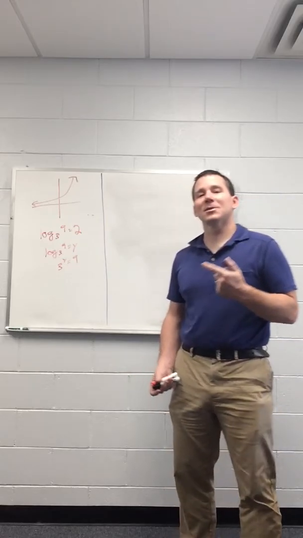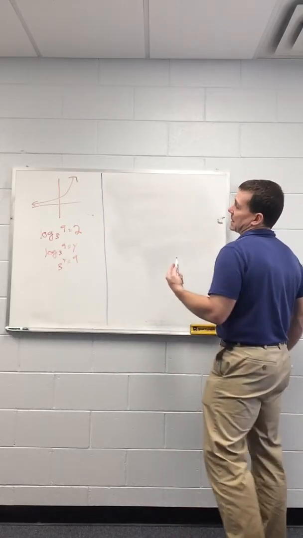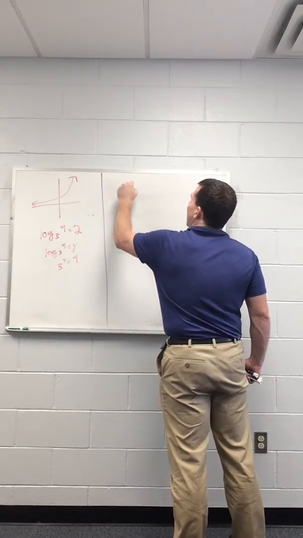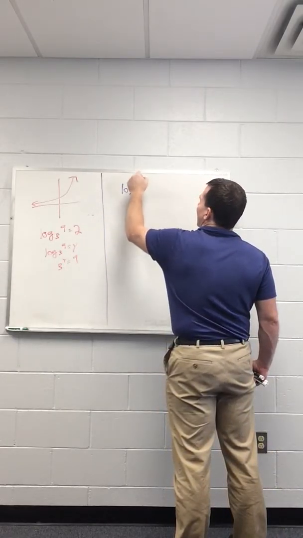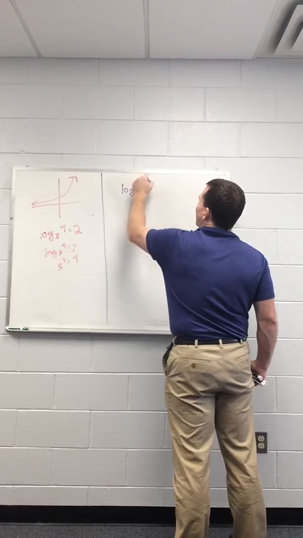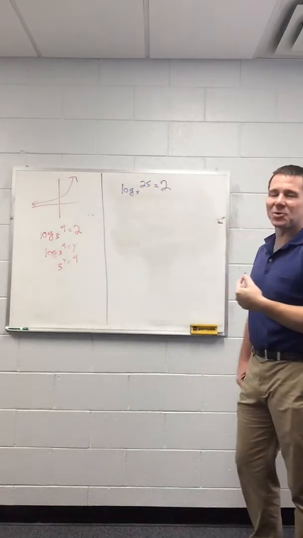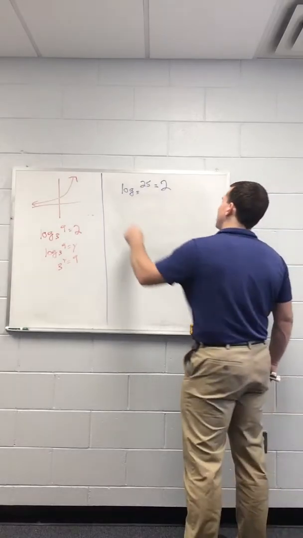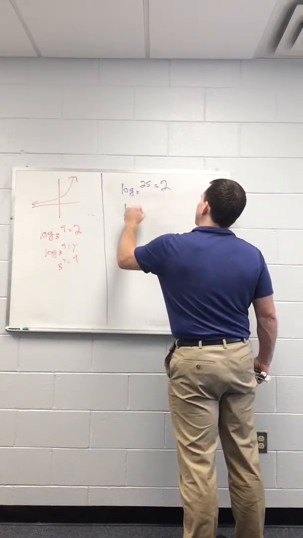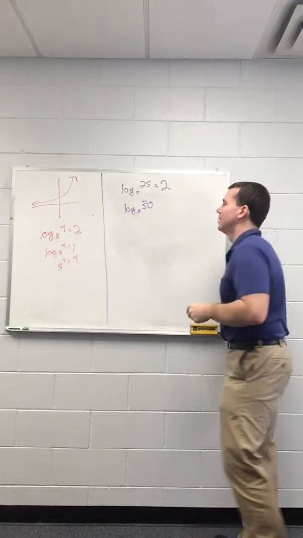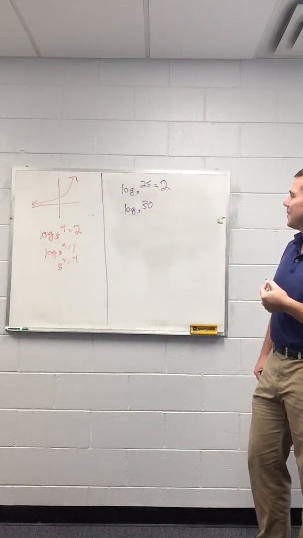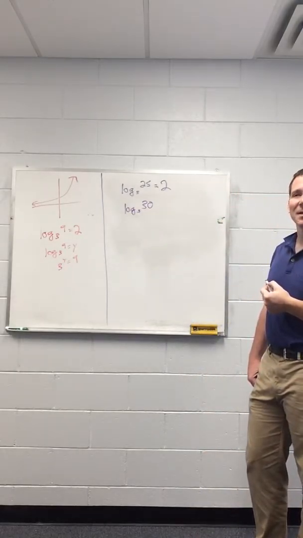And then ultimately we want to solve problems because, be aware, if I have log base 5 of 25, what number do I raise 5 to get 25? Oh, that's 2. 5 squared is 25, and that's easy. What's log base 5 of 30? What number do I raise 5 to get 30?